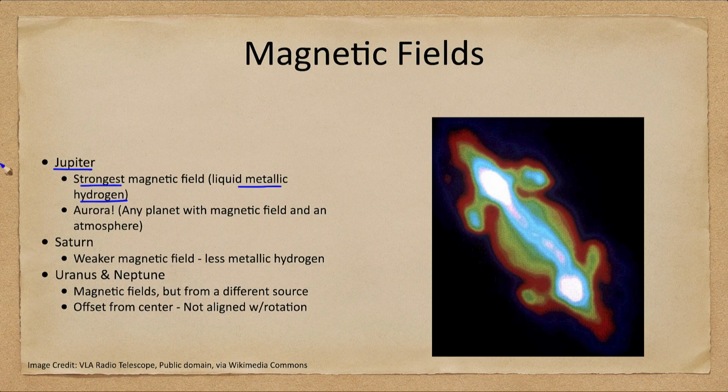We said that things like Mars and Venus had solid metal cores and therefore did not give off any magnetic fields, so did not generate currents, but that Mercury had to have at least a partially liquid core because it has a magnetic field. So we do see that with them, but Jupiter is by far the strongest because of that metallic hydrogen. Hydrogen compressed so much that it behaves like a metal.